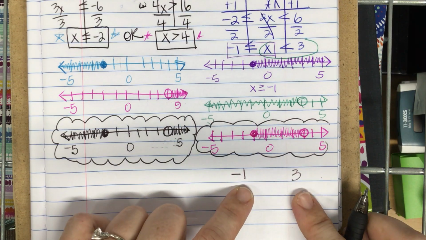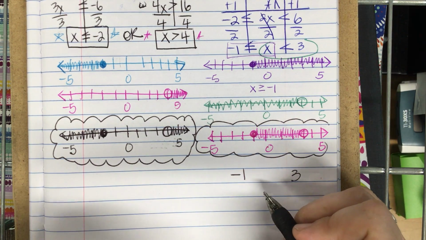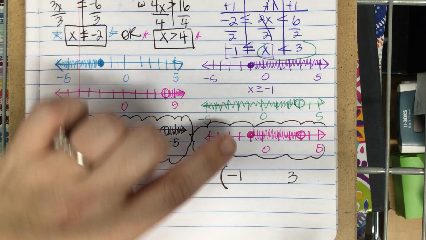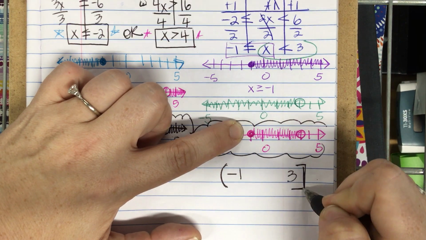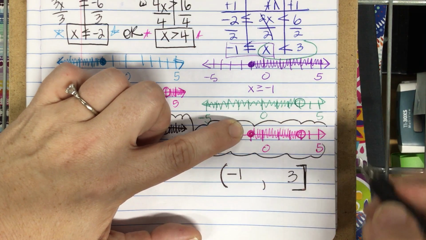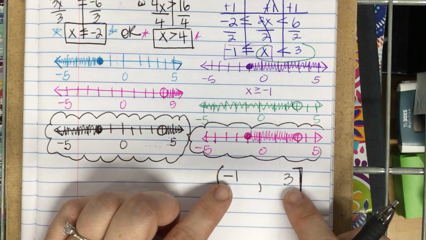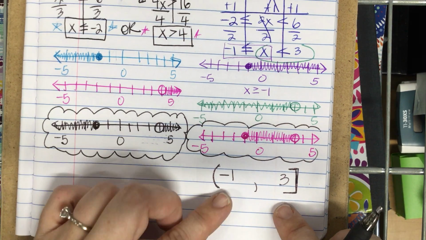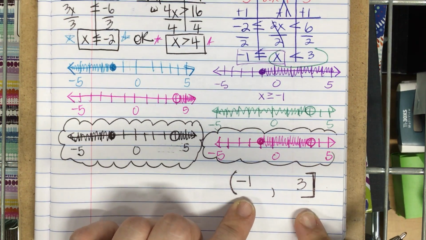So you know that these are your solutions. And what people put is a bracket if it's a closed dot and a parenthesis if it's an open dot. This is another way of writing this. This is not what I'm looking for. I'm just showing you this so that when you see it, it maybe jogs your memory that it's something out there.